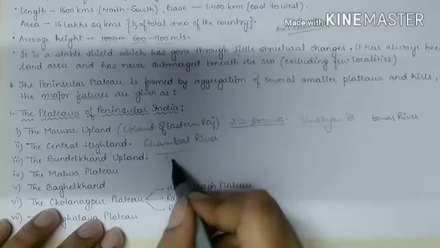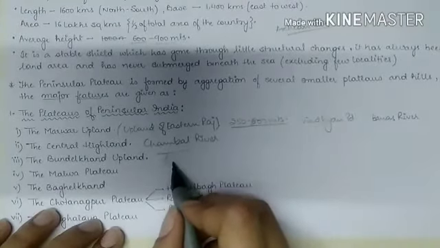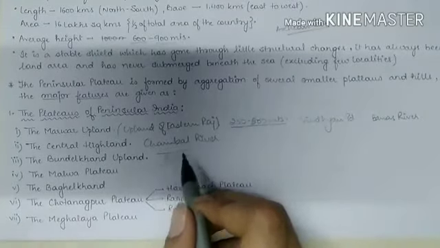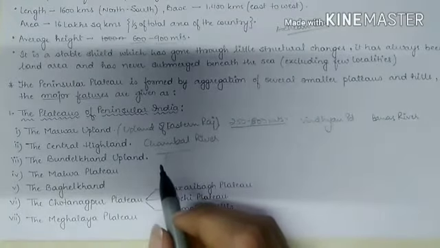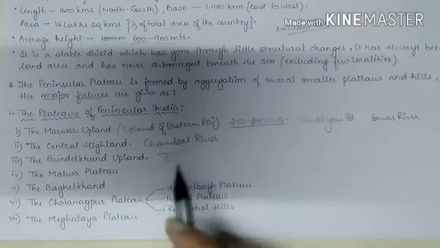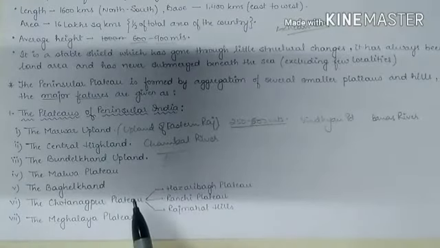So here we will have the Bundelkhand upland. Now this Bundelkhand area covers about 54,560 kilometers, and it is spread in 5 districts of Uttar Pradesh and 4 districts of Madhya Pradesh.